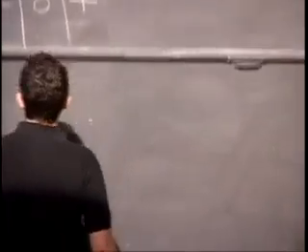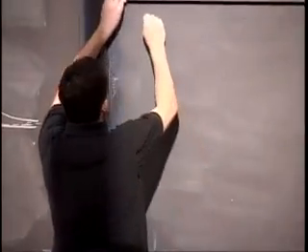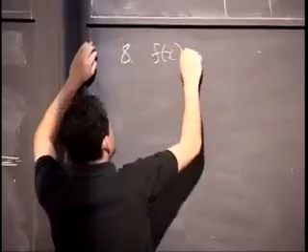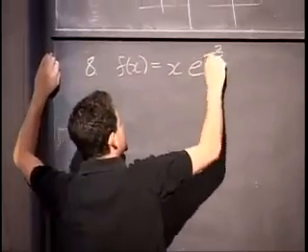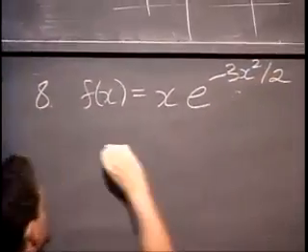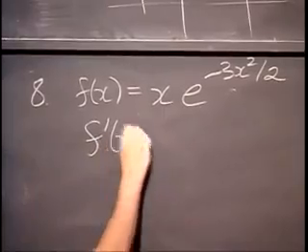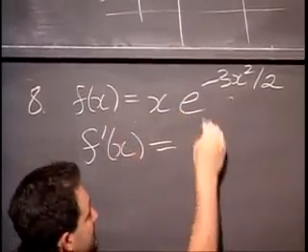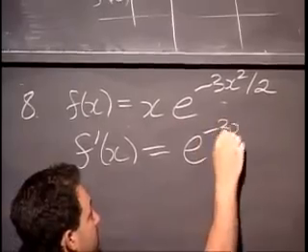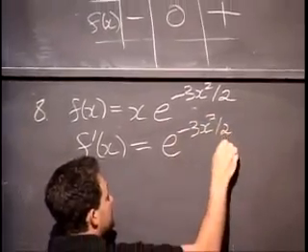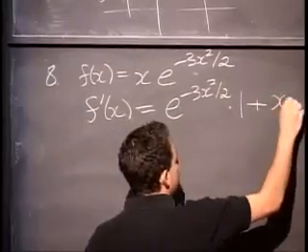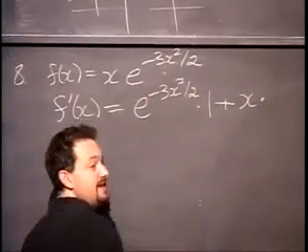All right, time to do some calculus. Let's pull out some derivatives. For step 8, we have f of x, just to remind you, is x e to the minus 3x squared over 2. So let us differentiate by using the product rule and the chain rule. The derivative of this is the first term, e to the minus 3x squared over 2, times the derivative of x, plus x times the derivative of e to the something.